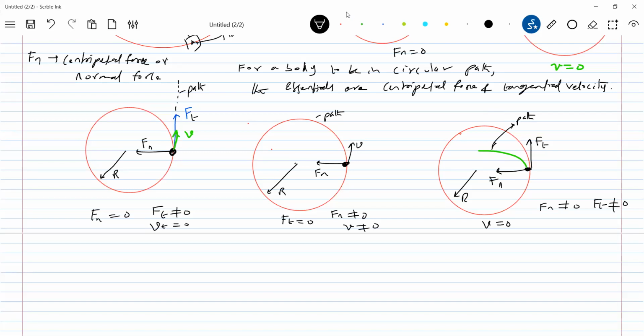It means the particle moves with a constant speed. Tangential velocity constant, tangential force will be zero, no tangential acceleration. If v is constant, then what will happen to a tangential? A tangential will be zero. Then F tangential is 0. So therefore, is tangential acceleration a must?